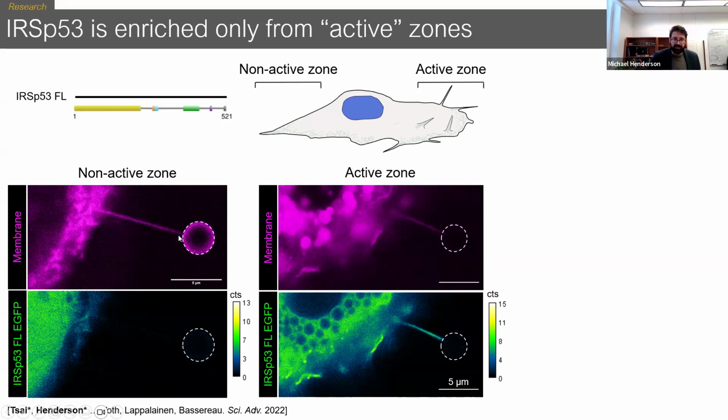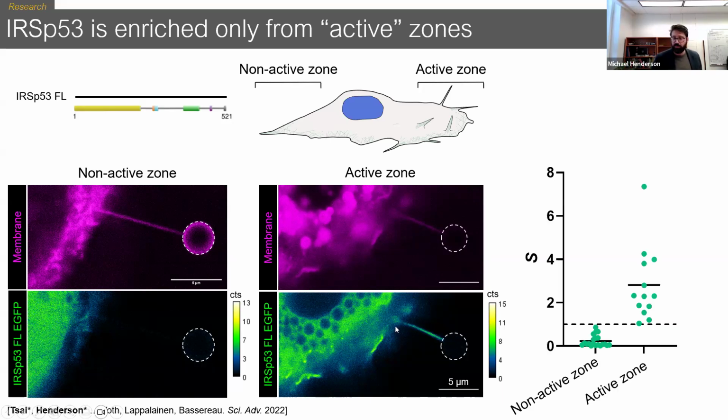Here we see the membrane tube that's pulled from this cell, but there's no fluorescent full-length IRSP53 in this tube. Visually we see this difference, and it's reported in the sorting ratio: for any tubes pulled from non-active zones of the cell, we don't see any recognition of these tubes by IRSP53, versus where there is active remodeling of the plasma membrane, we see high enrichment of full-length IRSP53 in these tubes.